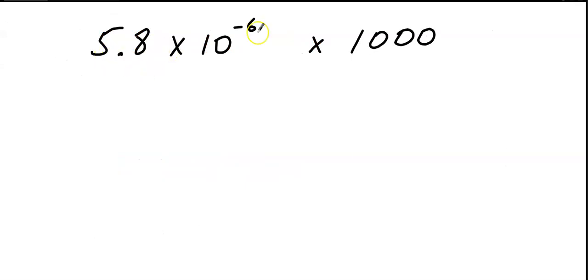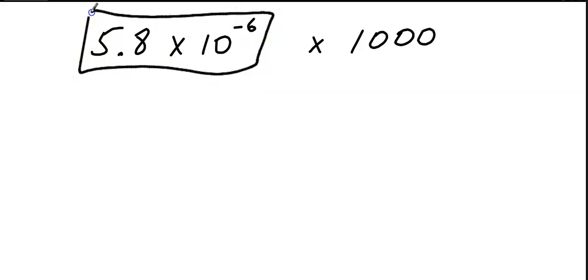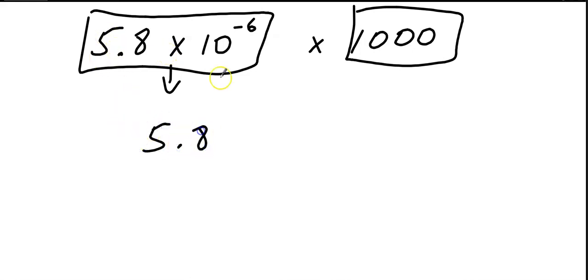Okay, if you ever come up with a question like this, when they're asking you to take a scientific notation value and multiply it by a standard form number, you probably want to change this first into standard form to make it not as complex for you to understand. So take this original value as 5 and 8/10. You're dividing by 10 6 times because this is a negative power, so you go divide once, twice, 3 times, 4 times, 5 times, 6 times.